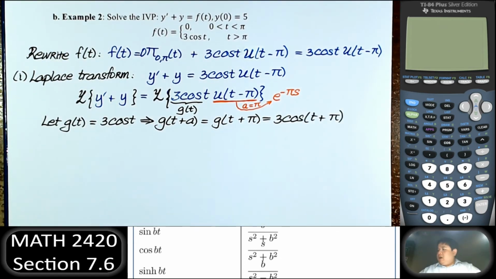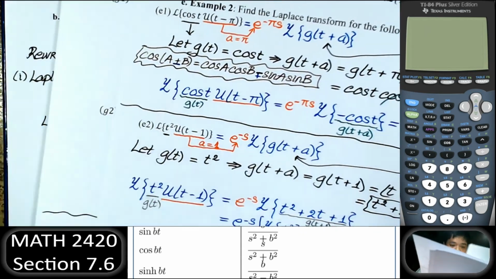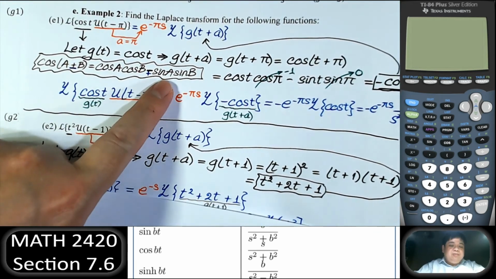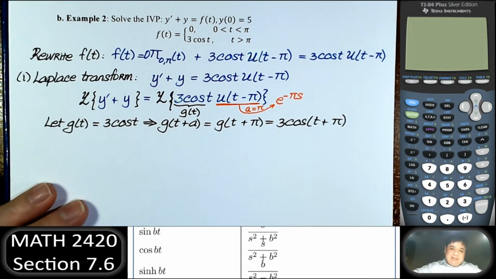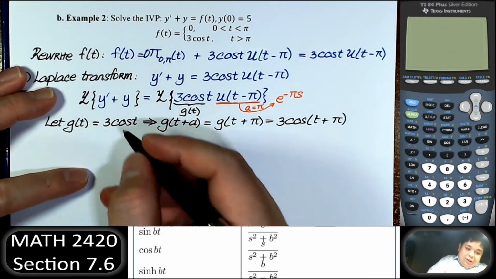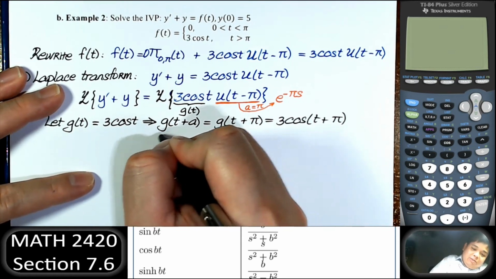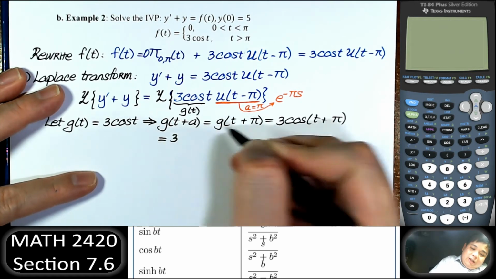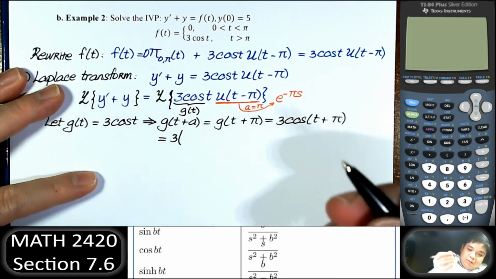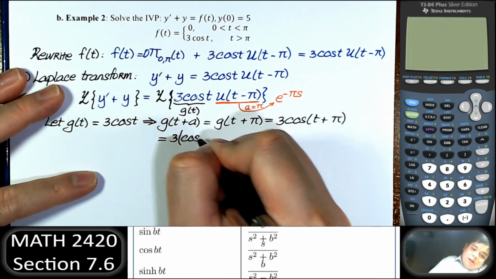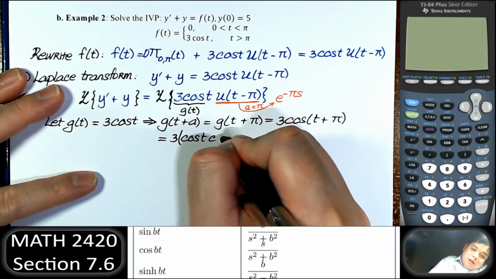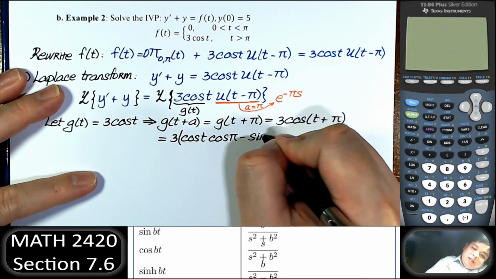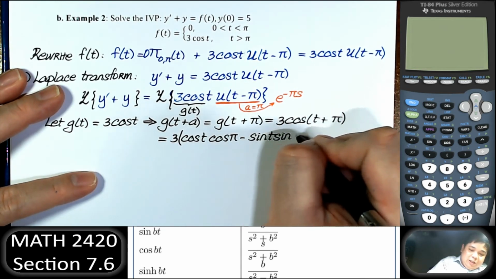Now we use the cosine of a sum formula, that gives us 3 times cosine t cosine pi minus sine t sine pi.